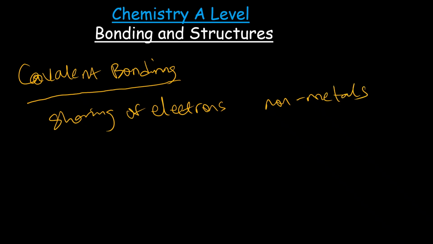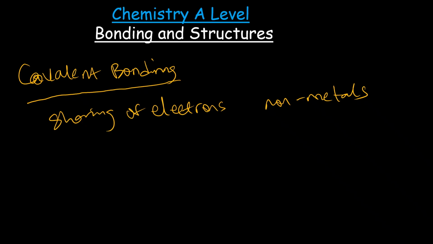Now we know that non-metals cannot give off electrons. Mostly they receive electrons, but in the case whereby they don't receive electrons, remember that they need to be stable. They can also be involved in electron sharing for them to be stable as well.